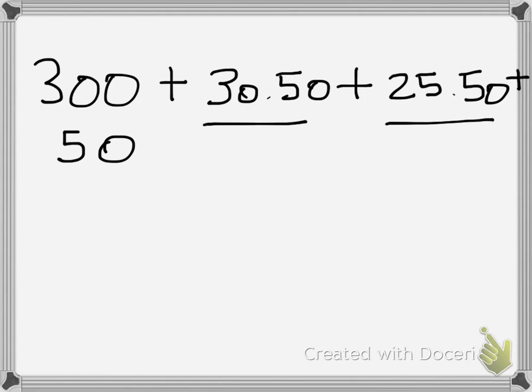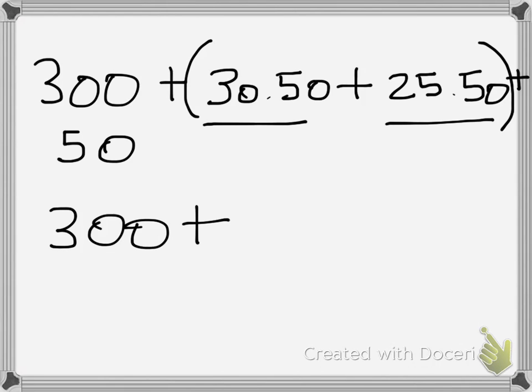So if I wanted to do those two first, I'd group them together, and I'd be using the associative property. The associative property groups things together, and whatever you've grouped together, you do first. So we've grouped that together. We've used this associative property, and we're going to add $30.50 plus $25.50 first.